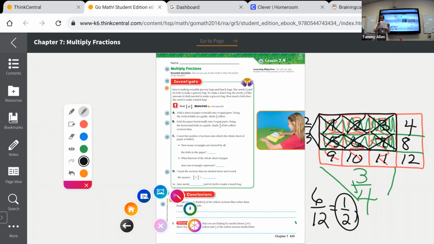So do you understand why we don't need it for shading purposes after we've got our 3/4? Yeah, but we need it for what part of the rectangle is actually talked about. Questions on that?